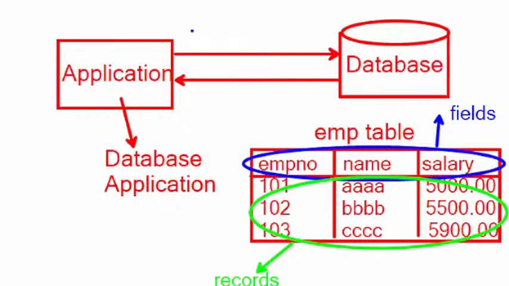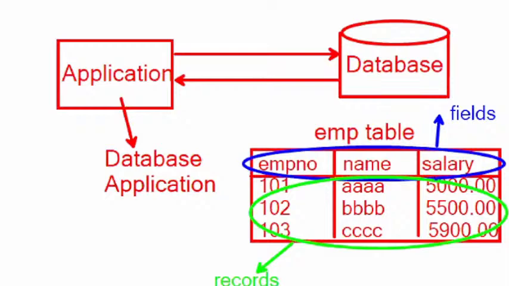What is a database? A database is software and an organized collection of data, in the form of tables. What does a table contain? Fields and records. Here employee number, name, salary are fields, and 101, 102 and so on are records.